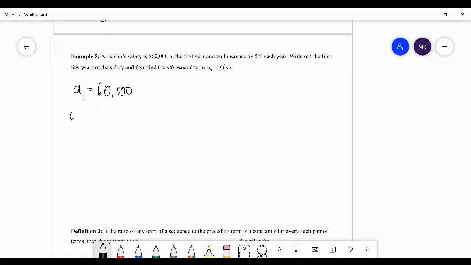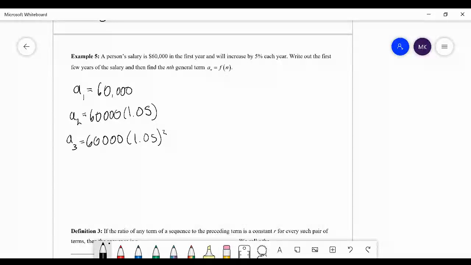So in the first year, A sub 1, he makes $60,000. In A sub 2, he makes 60,000 times 1.05. And in A sub 3, he makes 60,000 times 1.05 squared.